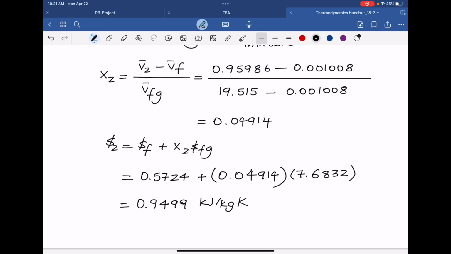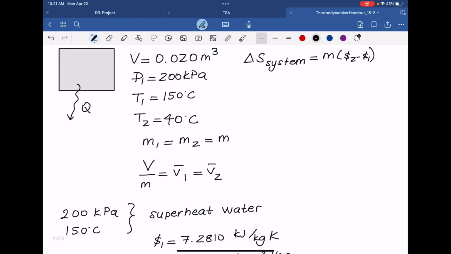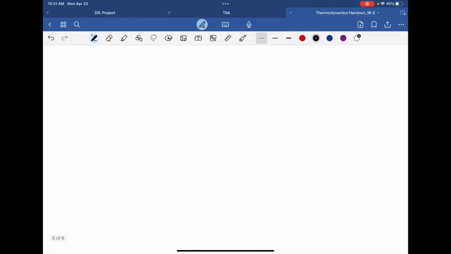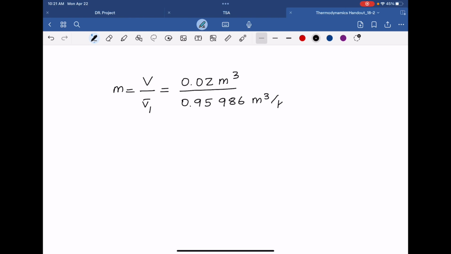Now the next thing is, let's create a new page here. Let's find the mass. Volume is given to us in cubic meters, and we know the specific volume. And the mass is this.